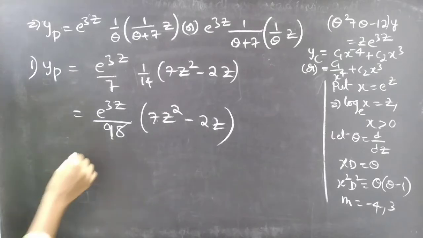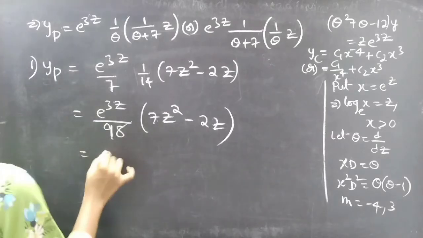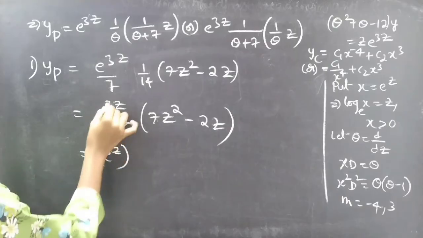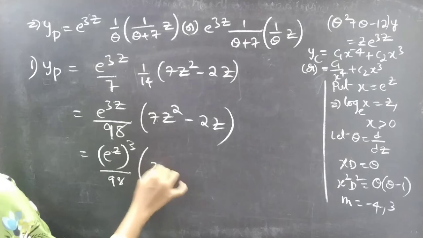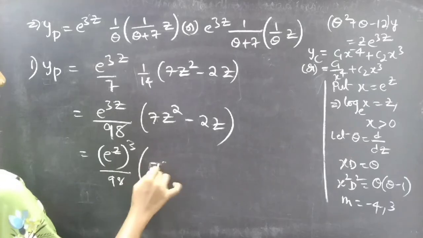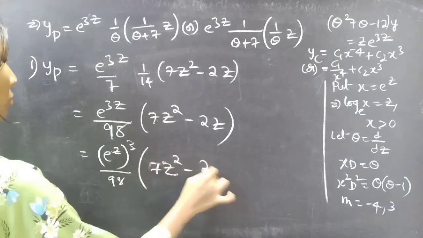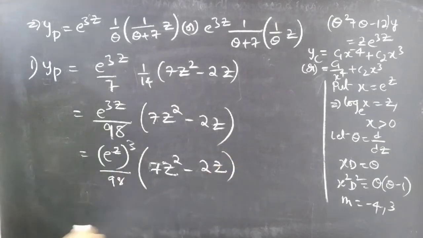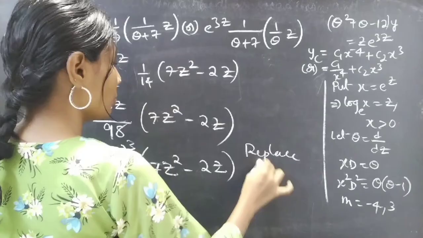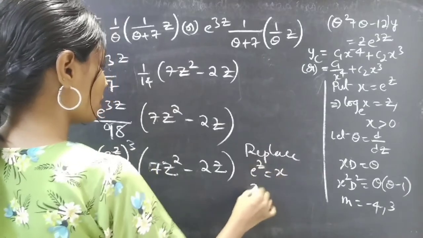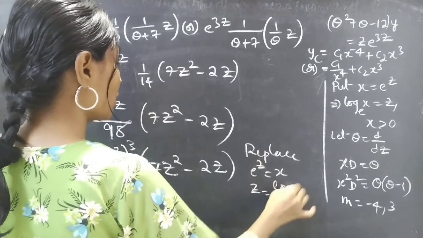Now let's write this in terms of x. For that purpose, I'll write e power 3z as e power z whole cube by 98 into 7z square minus 2z. Now replace e power z by x and z by log x to the base e.